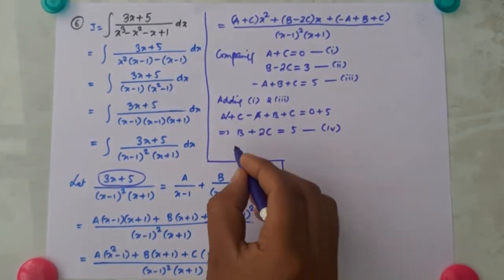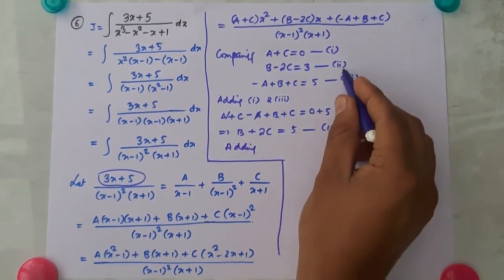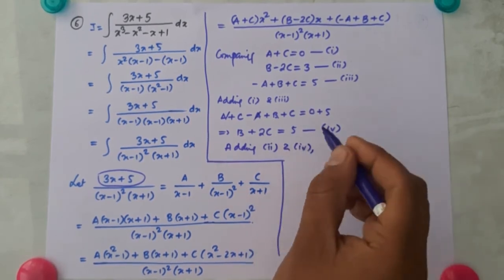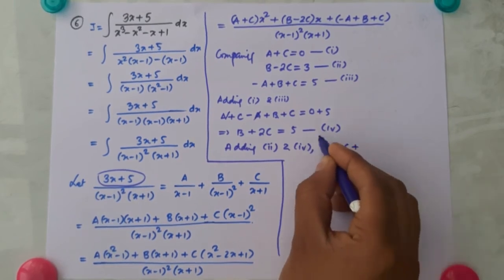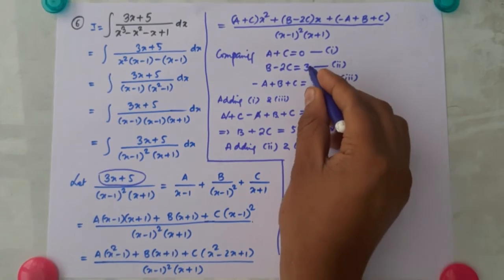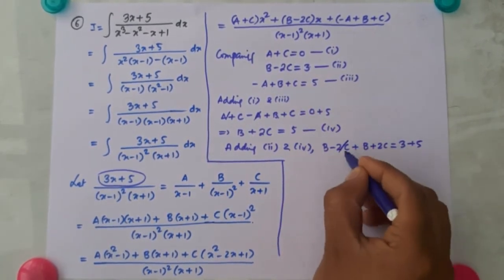Now I am going to add the remaining ones. So adding 4 and 2. Okay, so let me write 2 first. So this is b minus 2c plus 4, which is b plus 2c. So this turns out to be 3 plus 5. Okay, these two get cancelled.